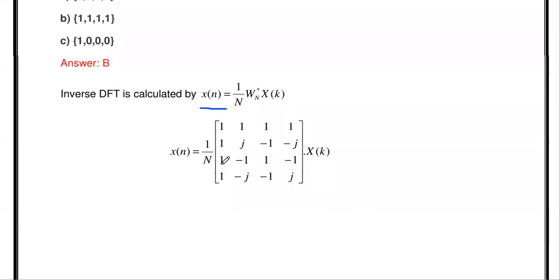So what is the complex conjugate of the twiddle factor? The same 4 by 4 matrix. What is the difference? You see these 4 elements with plus j and minus j. In the Wn complex conjugate matrix, the first row and first column are 1, the center value is 1, and these elements are minus 1. Same.